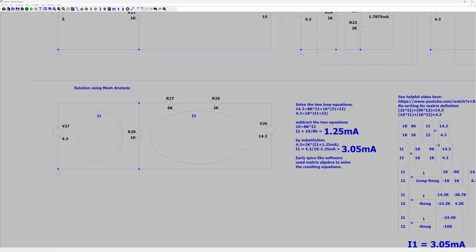So all the voltages in the loop should add up to 0. So that's why it's like that. Then the other loop is 4.3 equals 1K times (I1 plus I2). And you go through solving those two equations, and you get 3.05 milliamps for I1 again. And I2 is 1.25 milliamps.